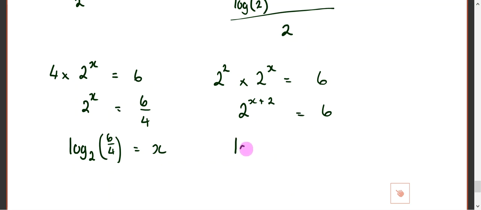So then you get log to the base 2 of 6 equals x plus 2. Alright? Either way, I don't know what you consider easier, but whatever stage we're at, this one I can now just work out on my calculator. This one I've still got a minus 2, but either or. The options are there.